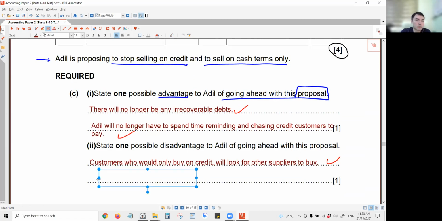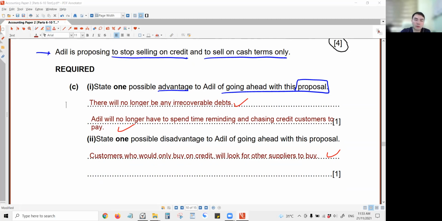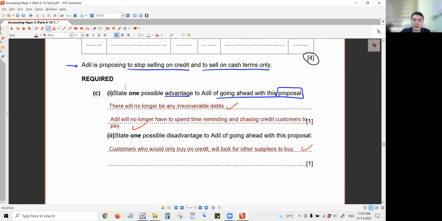The other disadvantage of selling on cash terms only. Let me try to think here. Save papers. That sounds too simplistic. Don't write that. But I can help you to rephrase it. When you don't have to print invoices, you still have to print another paper.